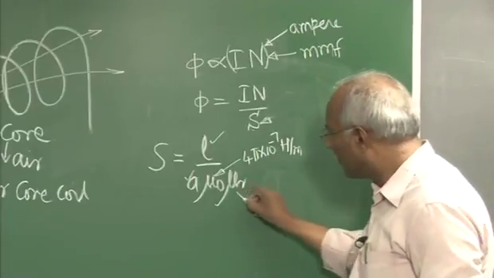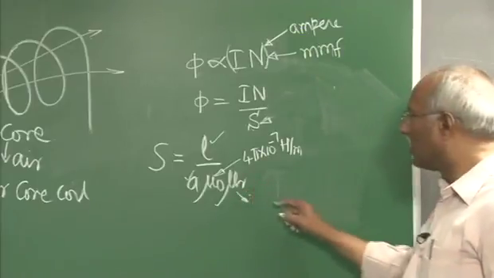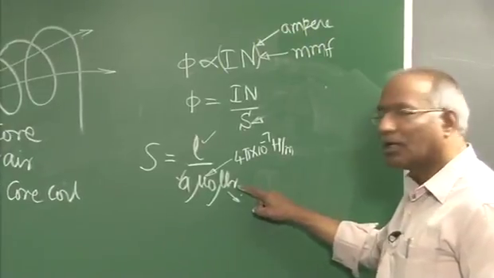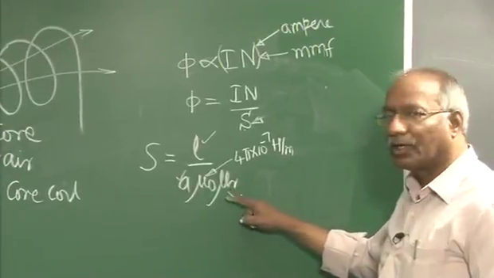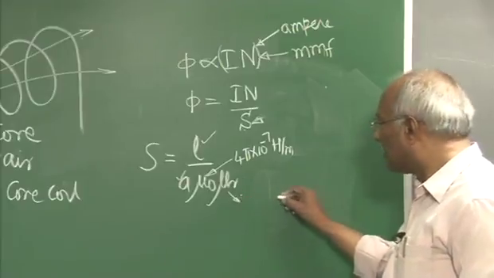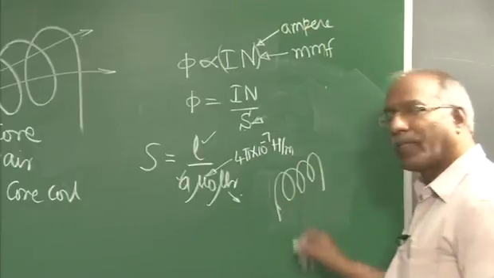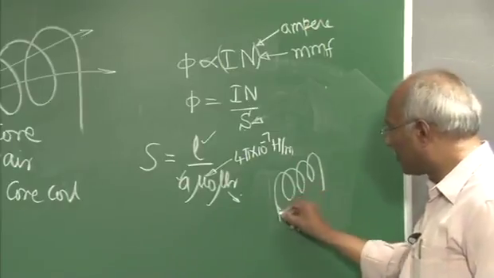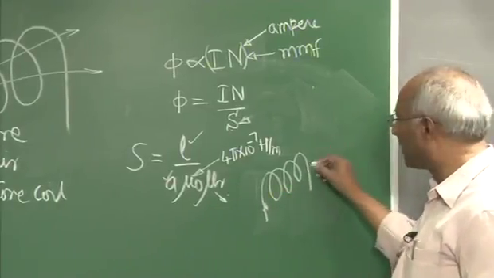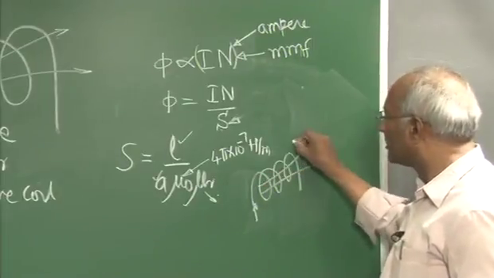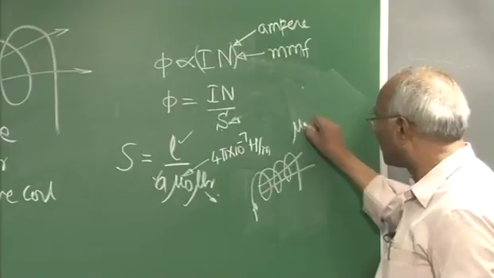So this relative permeability can be thought of as the ease with which it allows the flux to pass through it. Let us say I have a coil placed in the vacuum. With a certain amount of current, it produces flux. The flux produced is decided by the permeability of the media.